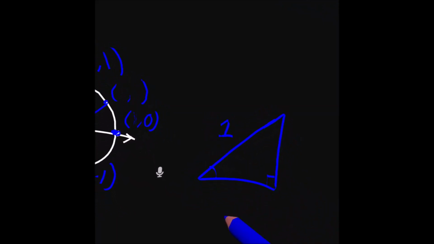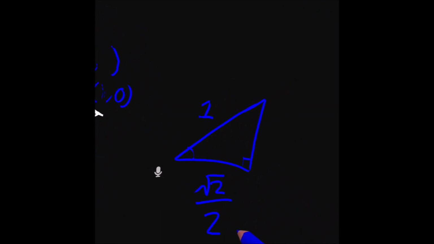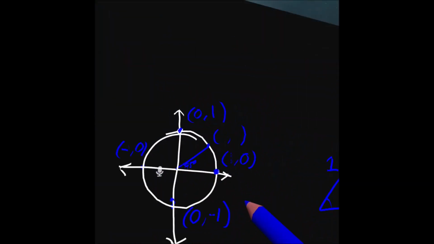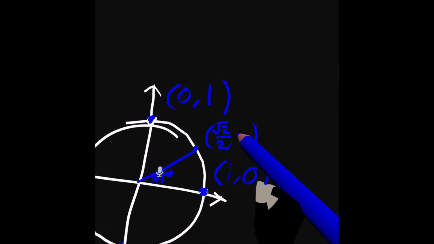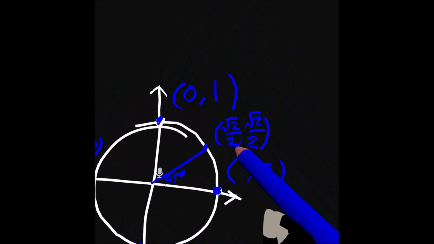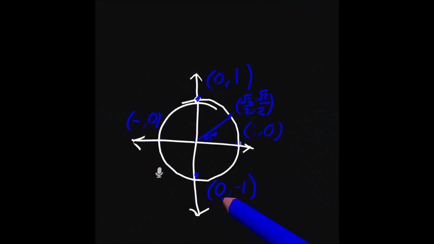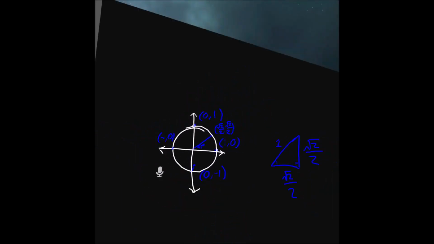So if the radius is 1, then the sides here are going to be square root of 2 over 2, and this is going to be square root of 2 over 2. So this coordinate here is going to be square root of 2 over 2 and square root of 2 over 2. So that's how you find the coordinate here.